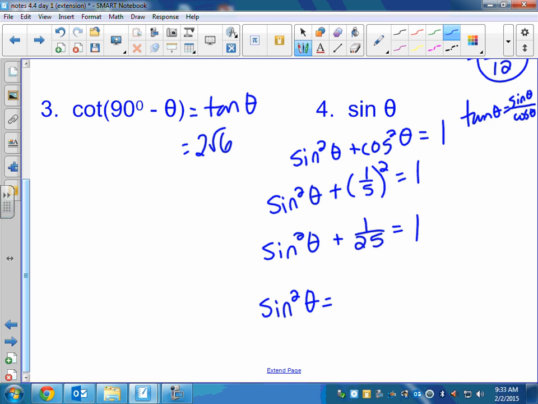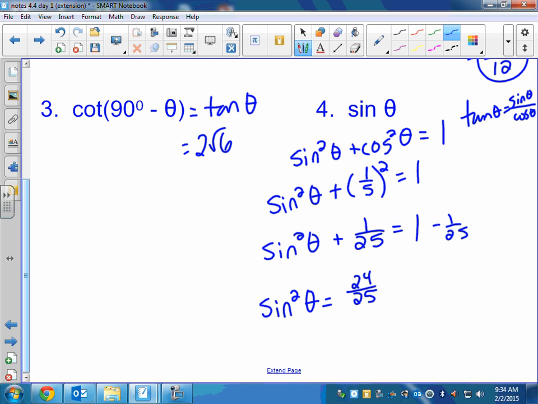If I was going to subtract this over 1 minus 1/25, do you agree that's 24/25? Is that what sine equals? No, that's what sine squared equals. Maybe last year someone thought of a way with less work, but this is what I did.